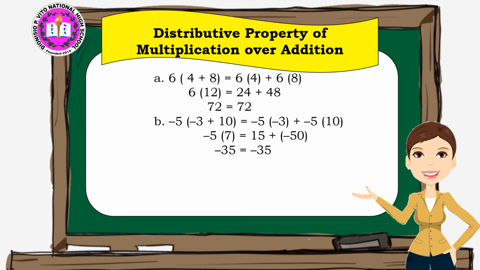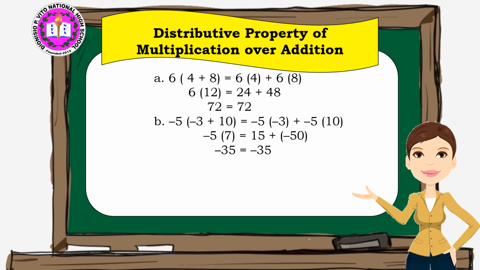Another example is -5 × (-3 + 10). So we have -3 + 10 is equal to positive 7. Then -5 × positive 7 is equal to -35, which is equal to (-5 × -3) + (-5 × positive 10).